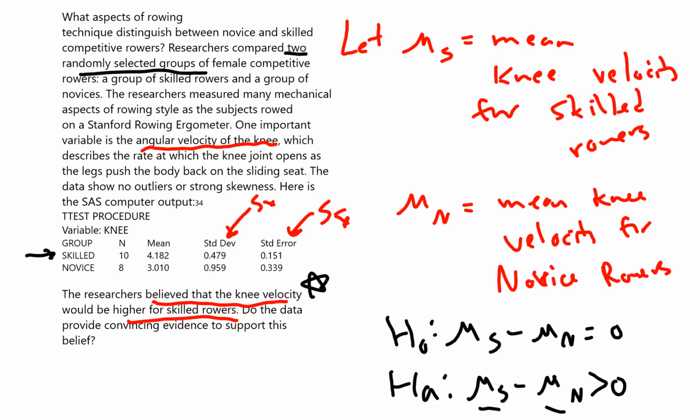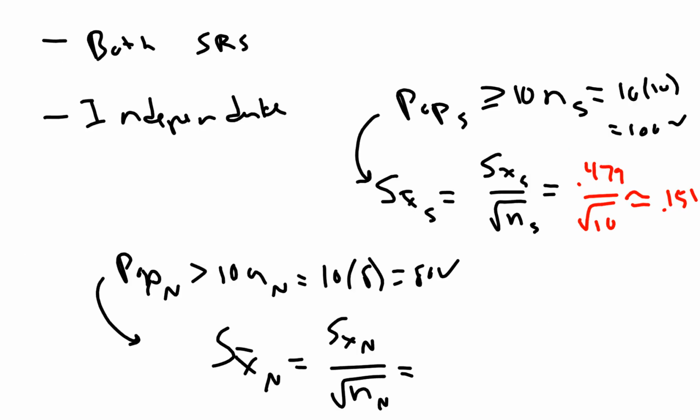So those numbers are also given here for us. So it's 0.959. You can see that here, and the standard error will turn out to be 0.339. So this is 0.959 over the square root of 8, and this will be about 0.339.